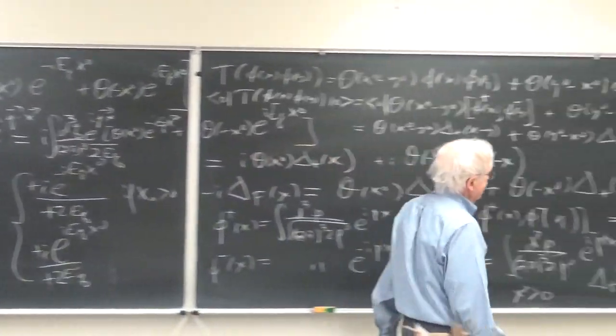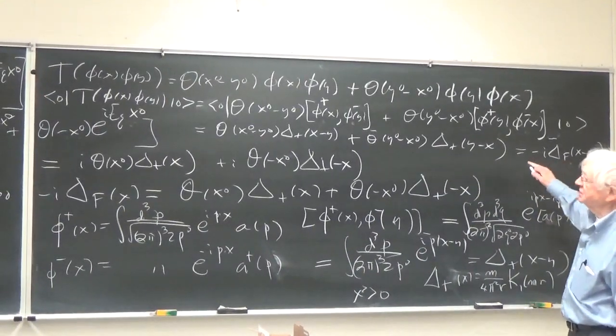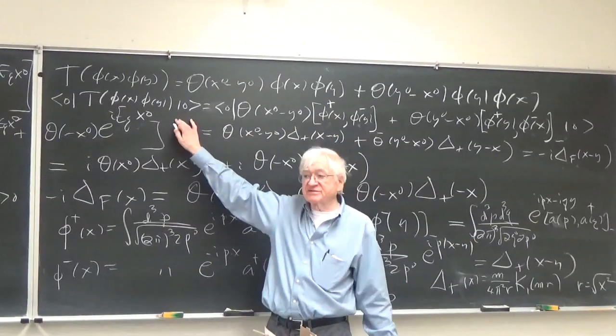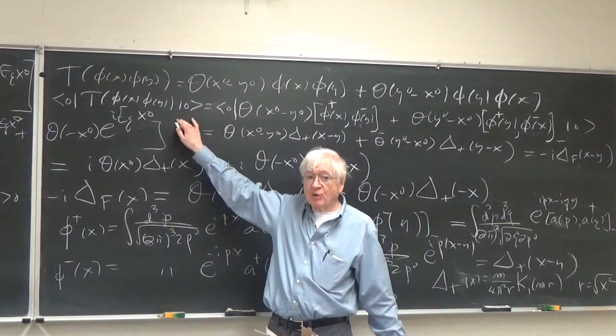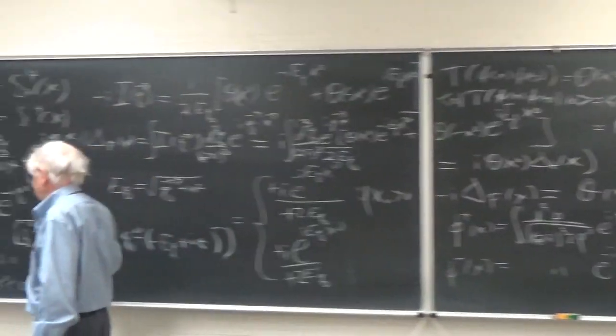Namely, the minus i epsilon means that it's the Green's function that actually is the mean value in the vacuum of the time-ordered product of two scalar fields. Whereas if we didn't have the i epsilon, we wouldn't have had these particular poles.